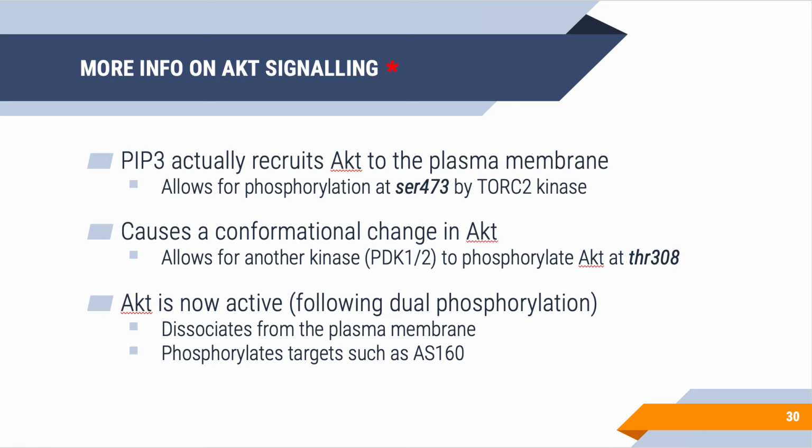Here it can be phosphorylated at serine 473 by TORC2 kinase. This causes a conformational change in AKT, which allows for another kinase to phosphorylate AKT at threonine 308. Now that AKT has been duly phosphorylated, it can come back to AS160, phosphorylate AS160, and allow that translocation of GLUT4 to the plasma membrane.